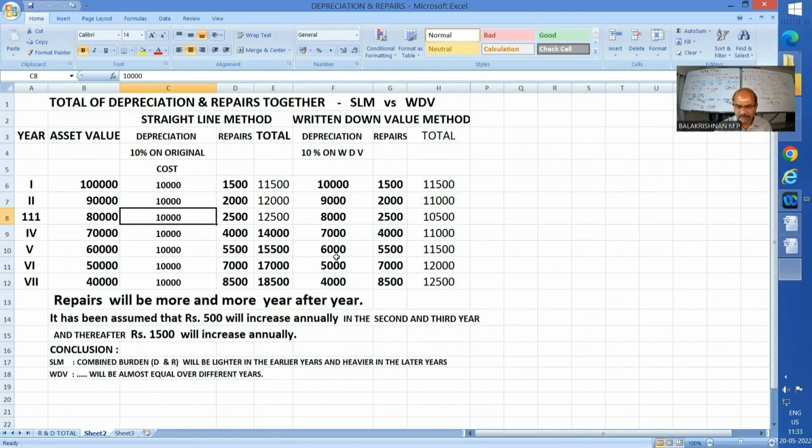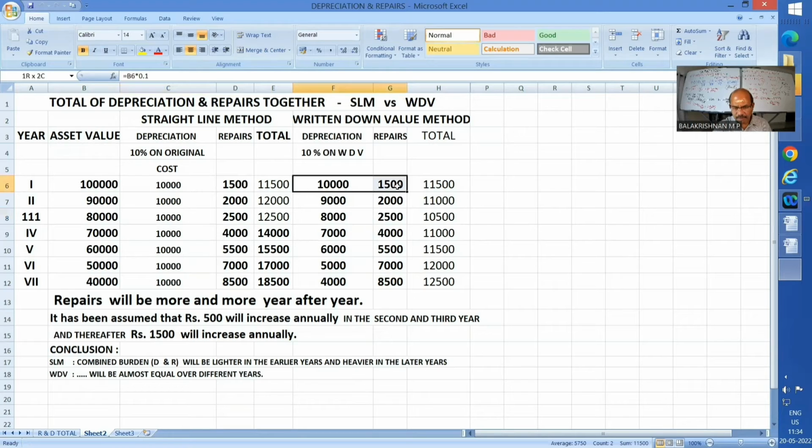In fact, you get a clear idea about how the methods of depreciation work on going through this table. Fine. Now let us place the same repairs here. Of course, whether you are under SLM or WDV, repairs is a different phenomenon and that is constant for either method. The method has nothing to do with the repairs. So the repairs, the same amount I have copied here.